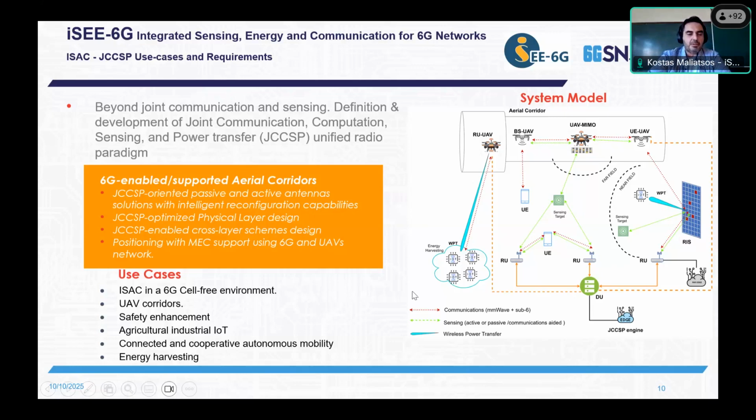Safety enhancements, so collision avoidance, cooperative localization, mission-critical services, agricultural and industrial IoT for large-scale monitoring and energy autonomous sensors, connected cooperative autonomous mobility, so vehicle-to-everything enabled SICAM through ISAC, and energy harvesting for sustainable IoT through integrated wireless power transfer. To the next slide.